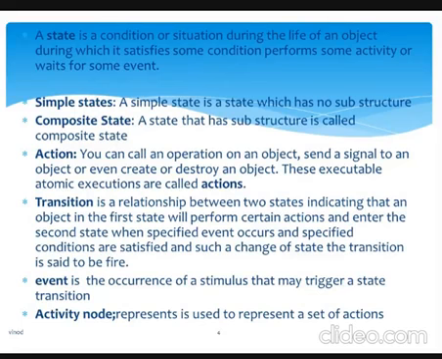A transition is a relationship between two states. It is responsible for changing from one state to another state. An event is a significance of occurrence, having some time and space. And an activity means a set of actions. So it is a non-atomic execution. It can be interrupted by an external event.